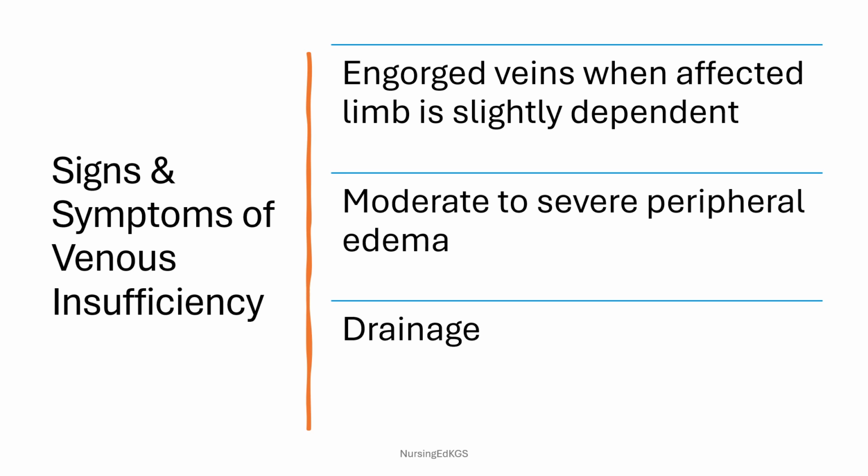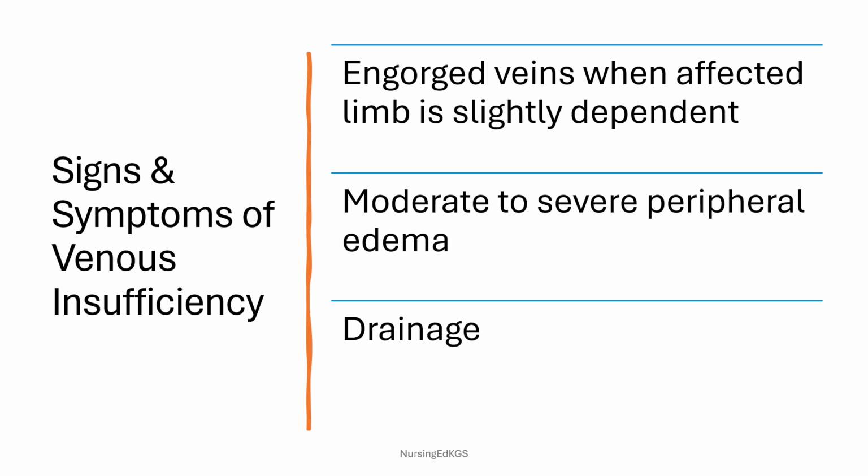The excess fluids leak into interstitial spaces, leading to swelling or edema in the legs, ankles, and feet. Prolonged standing or sitting also exacerbates venous insufficiency because gravity further impairs the return of blood to the heart. This thus worsens edema as fluid continues to pool in the lower extremities.